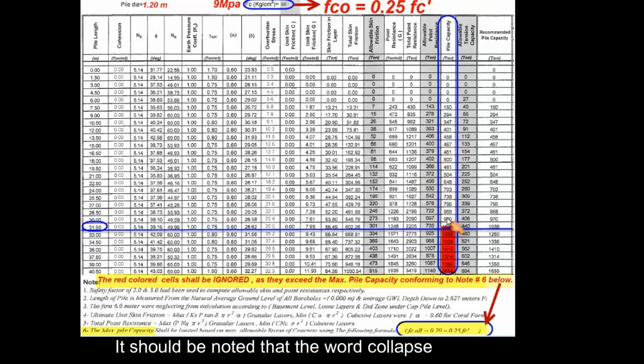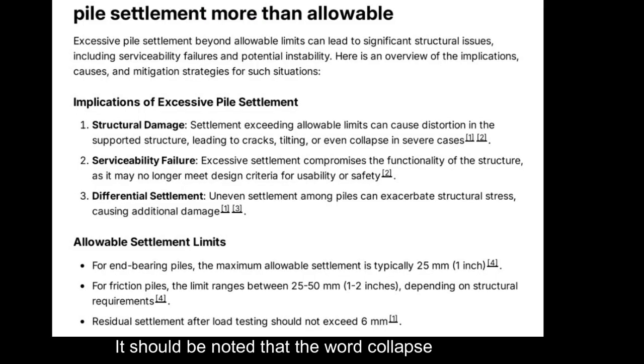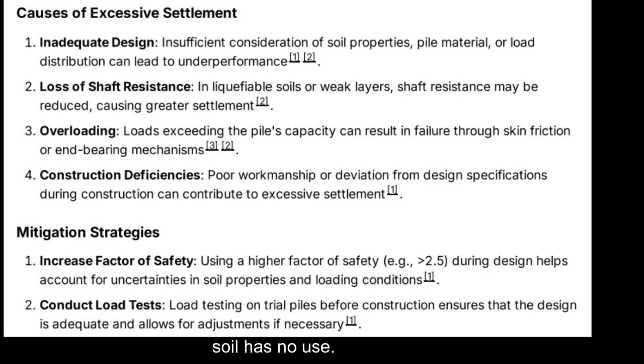It should be noted that the word collapse for a pile shall be clarified in terms of pile capacity. A collapsed pile means that it has a settlement more than what it is designed for. A collapse under skin friction means that the friction between the pile and the surrounding soil has no use. It does not mean that it will break. No, it means that the friction will not be as it should be with the soil.